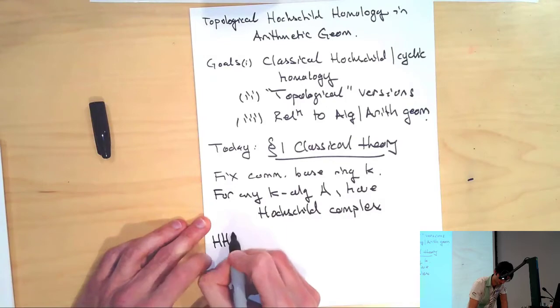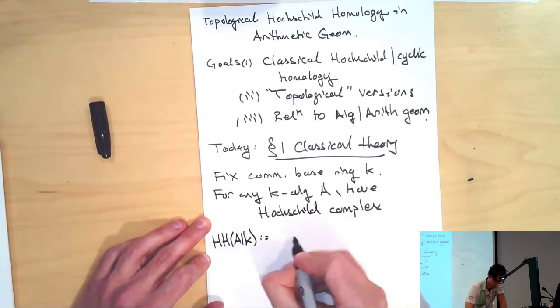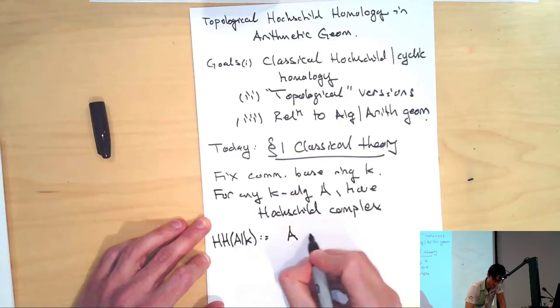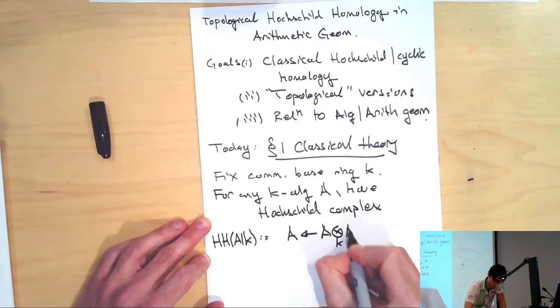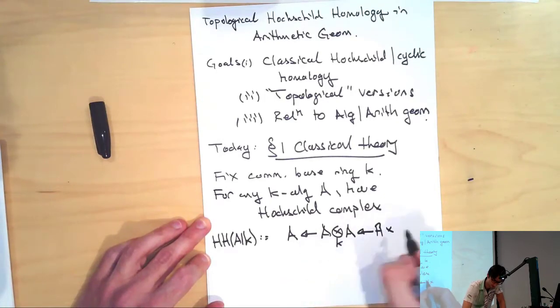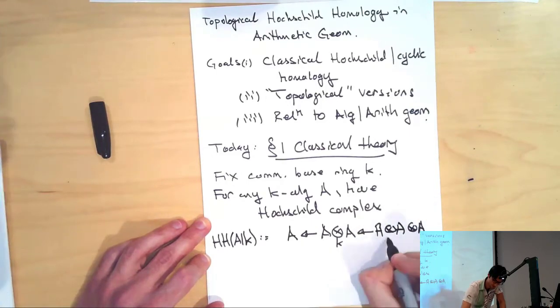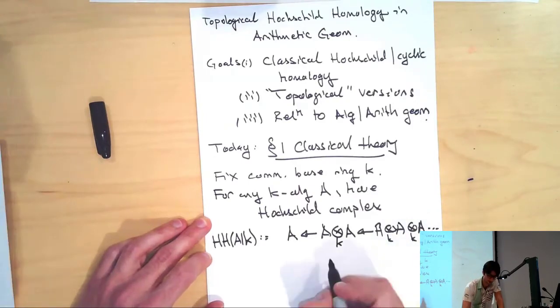We call it HH of A over K. And so here goes. First I put a single copy of A, that's in degree 0. Then I have 2 copies of A tensored over K. Oops, that's an A. Then I have 3 copies, always tensoring over K, and so on. And the boundary maps are as follows.